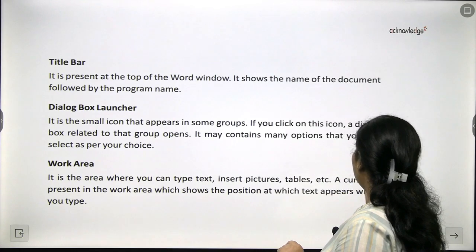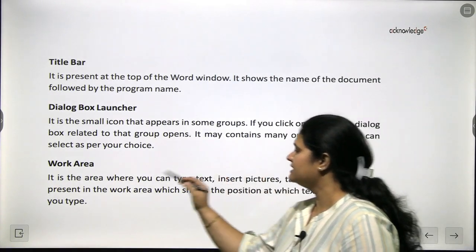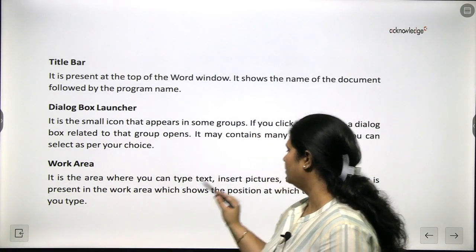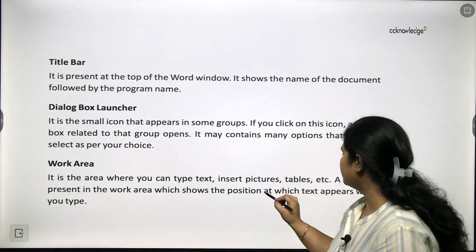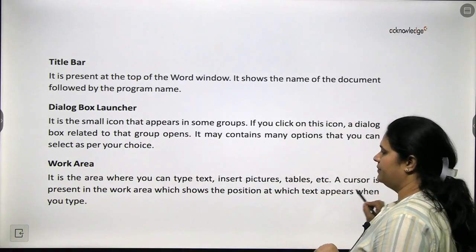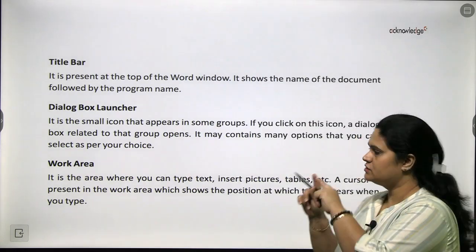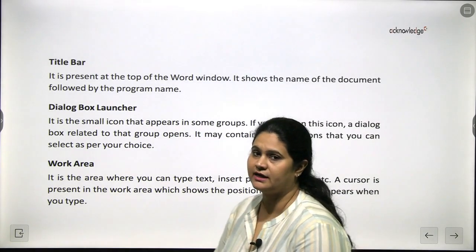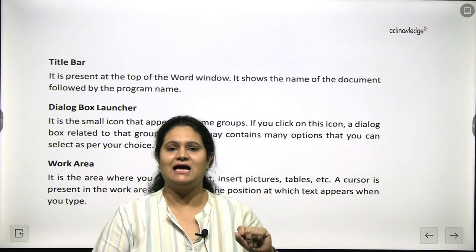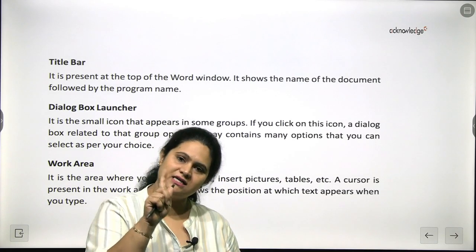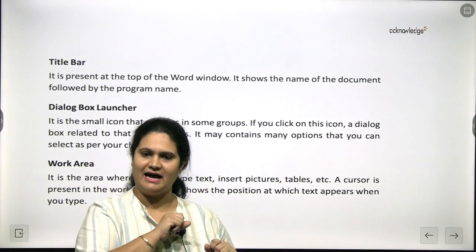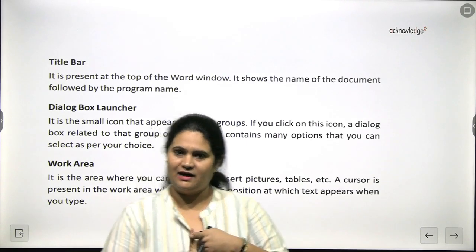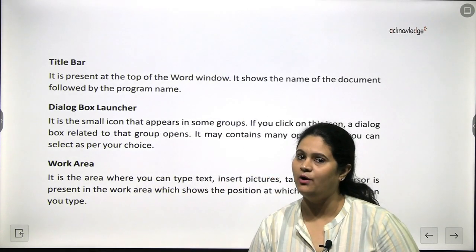Okay. Now, a cursor is present in the work area which shows the position at which text appears when you type. So, children, when you start working, you will see that a cursor is continuously blinking on the work area. And what does that show?